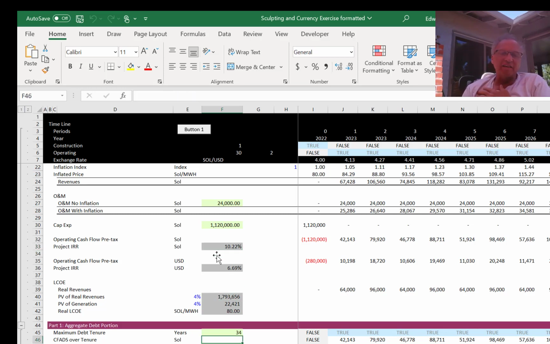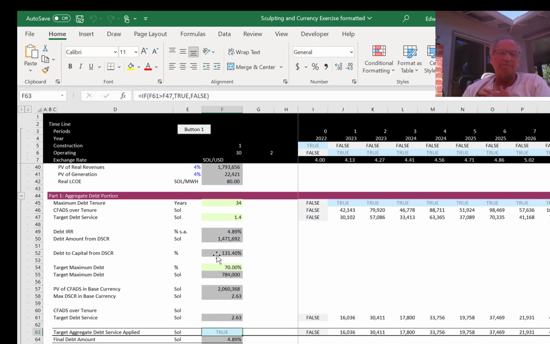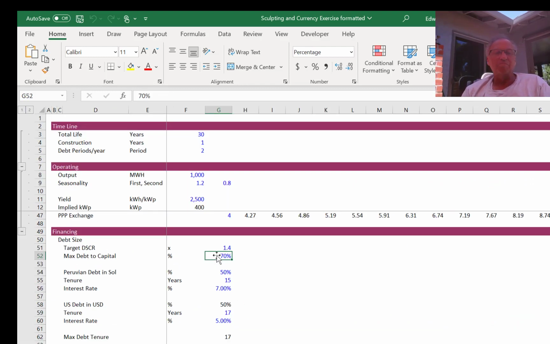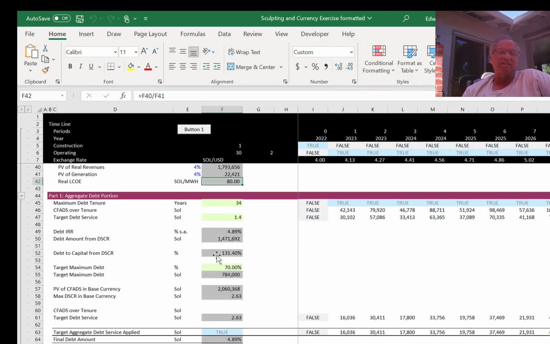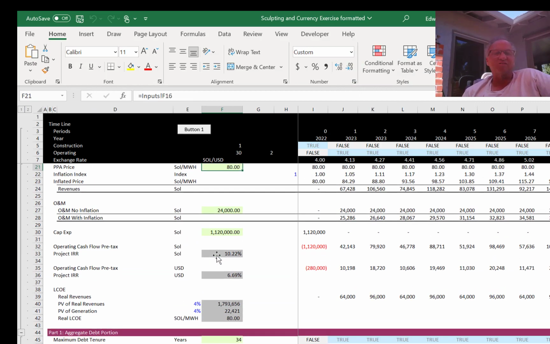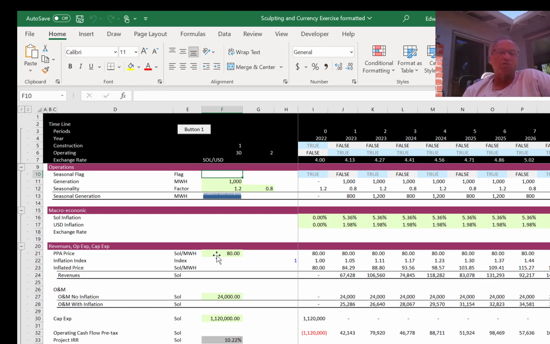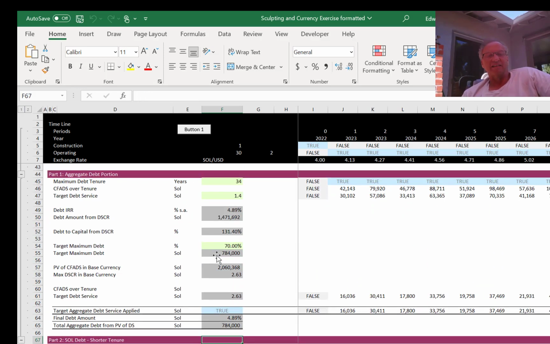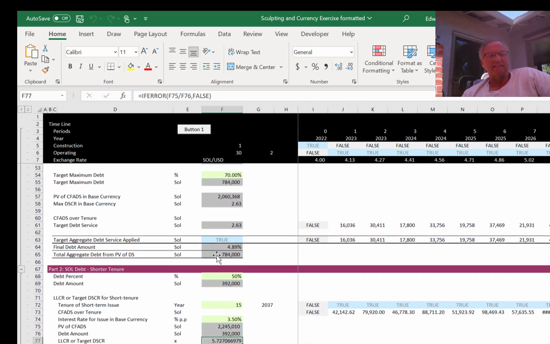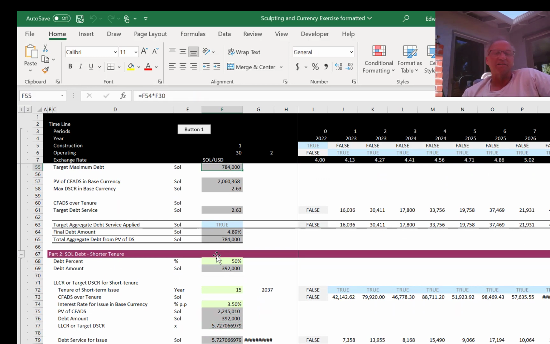If we look at the interest rate in soles, I'm going to bring this back. The interest rate in soles was 7%. That is a lot higher. That's a lot lower. Well, not dramatically much, but enough lower if we have a long-term debt that says we're going to get more debt in our project than we need.